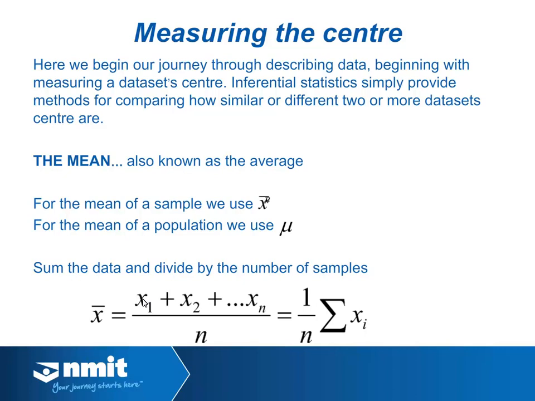Shorthand for that long formula is using the sum symbol here, a sort of large stylized E. So when we have this large stylized E, the sum symbol, what you do is you sum all the data points to the right of that sum symbol. In this case it says sum all the data points X, and it's got a subscript i, and when it's got subscript i, the i means all the data points.